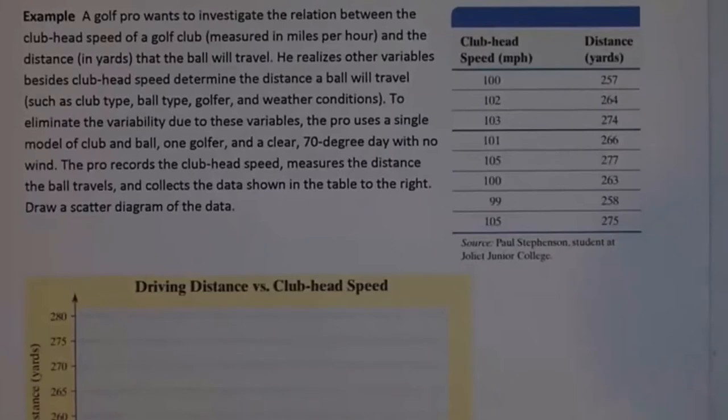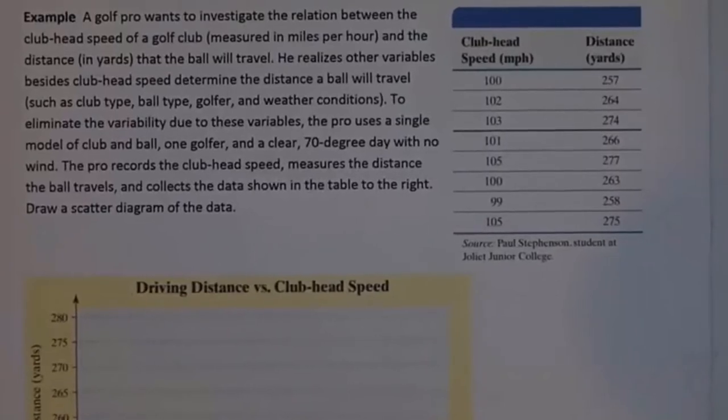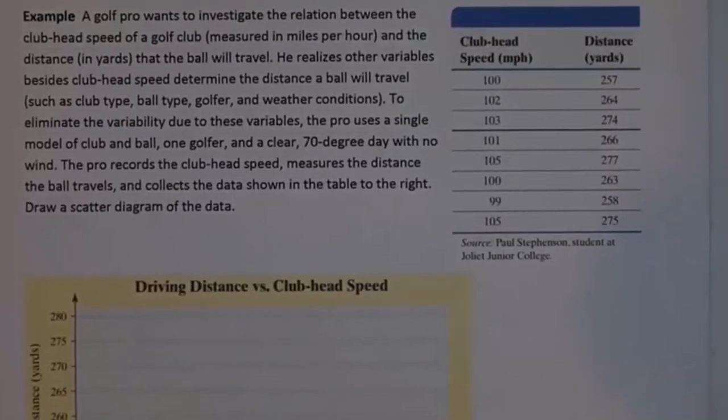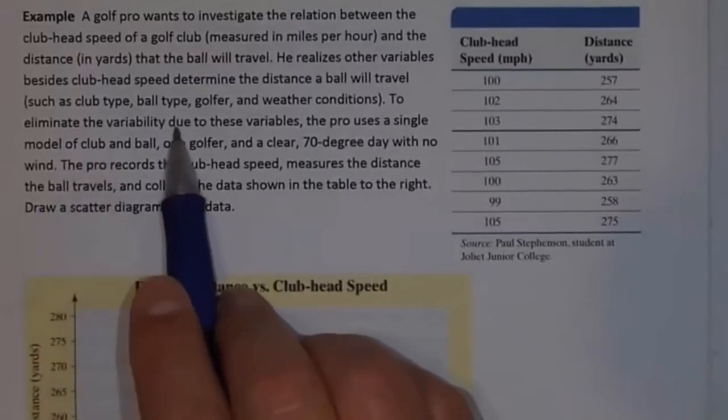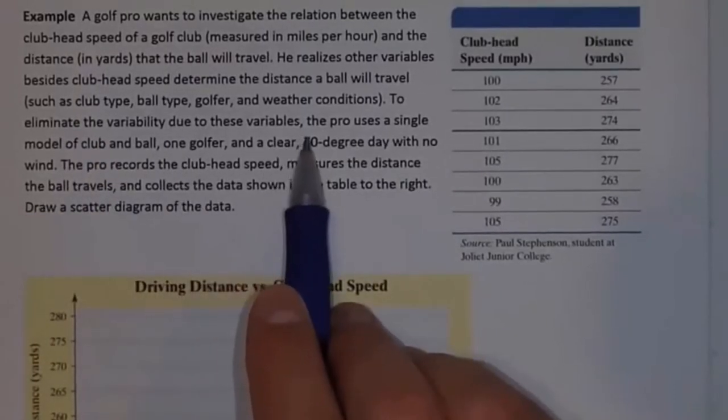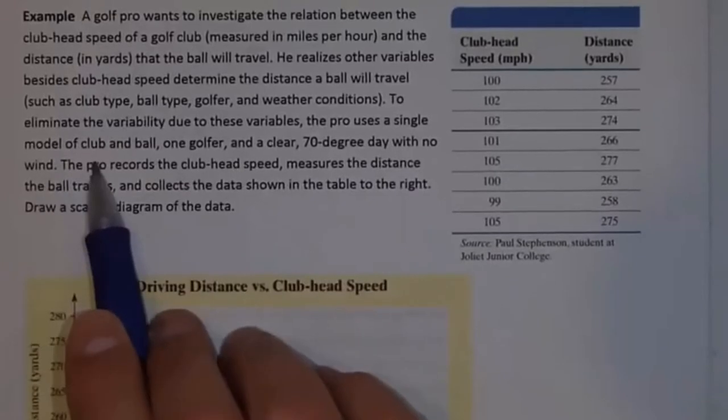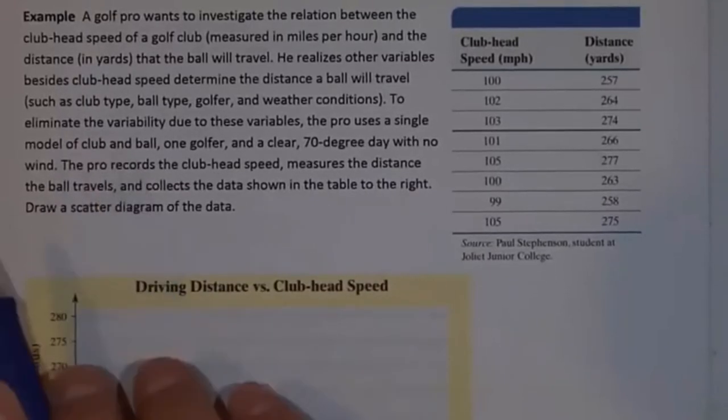And so we need to try to control those other things, like the style of the club, the brand, for example, that could affect it, the kind of ball, the person golfing. All of those kinds of things need to be controlled. So to eliminate the variability due to these variables, the pro uses a single model of club and ball. So he's controlling that.